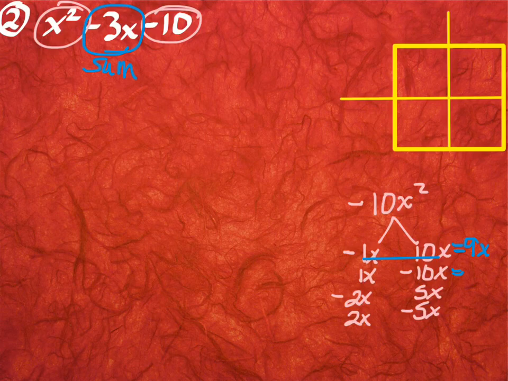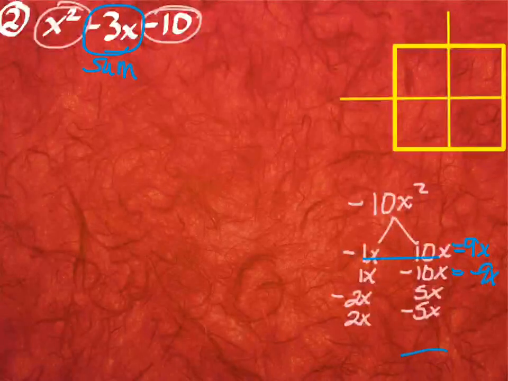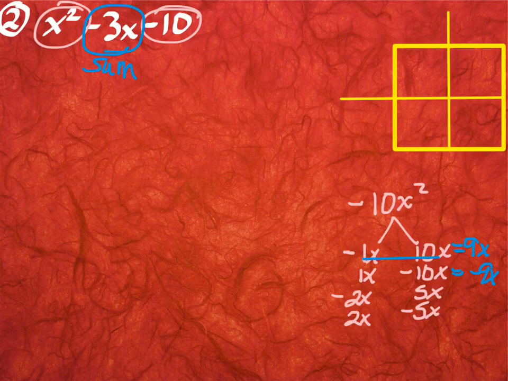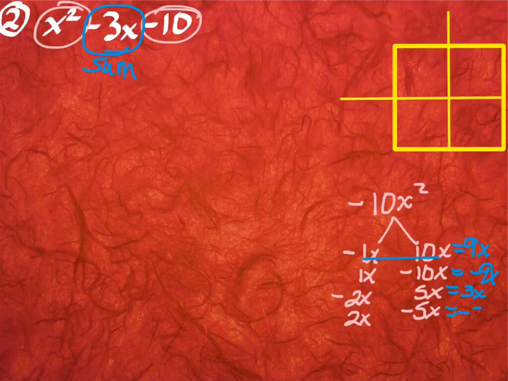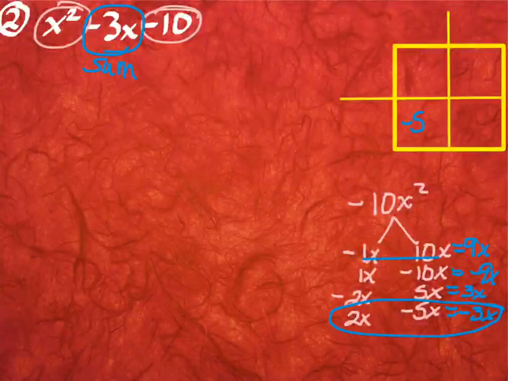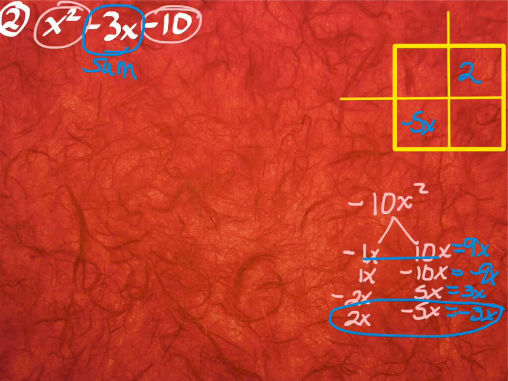And so we have, on the next one, a negative 9x. On the next one, we have a positive 3x. On the last one, we have a negative 3x. So this is the one that creates what we want. So we'll put the factors in our downs from like the matrices. So negative 5x and 2x. Again, which one goes where does not matter.